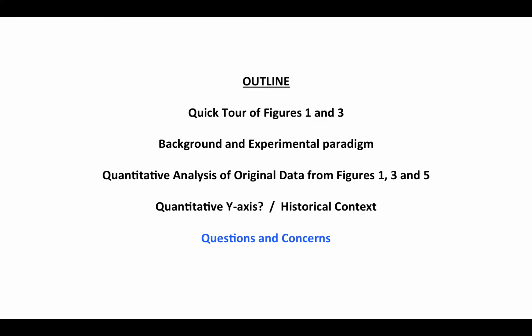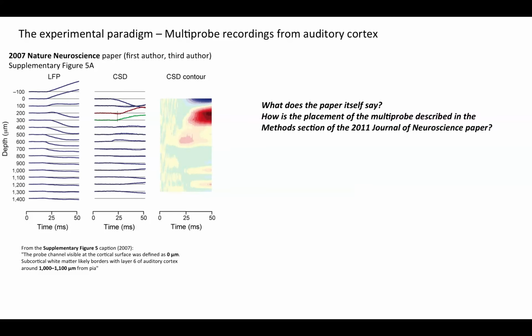So now I want to talk about some questions and concerns that I have, or that somebody watching this might have. So I'd anticipate that someone might say, okay, you've shown all this quantitative analysis using this 2007 Nature Neuroscience paper as your template for that quantitative analysis. And in that paper, the top recording site was above the surface of the brain, and the second site was at the surface of the brain.